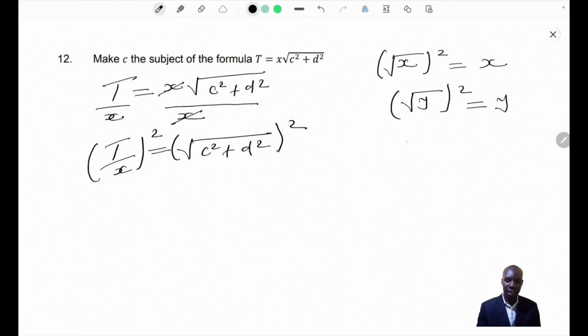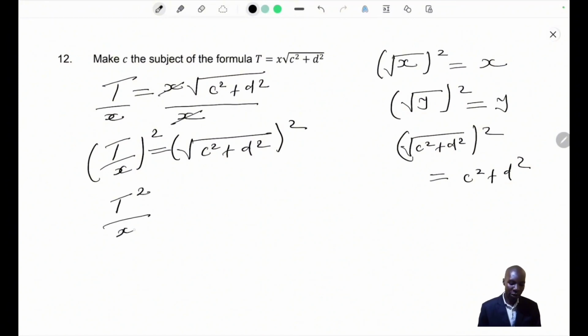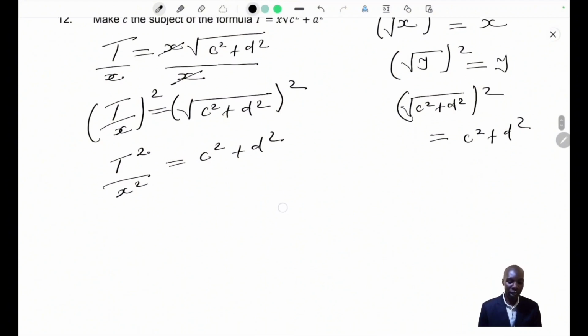So in my case, if I have square root of c squared plus d squared and I square it, then what I'm going to have is just c squared plus d squared. So on the left-hand side, I'll have t squared over x squared, but on the right-hand side, I'll have c squared plus d squared. Then my aim is to make c the subject of the formula.